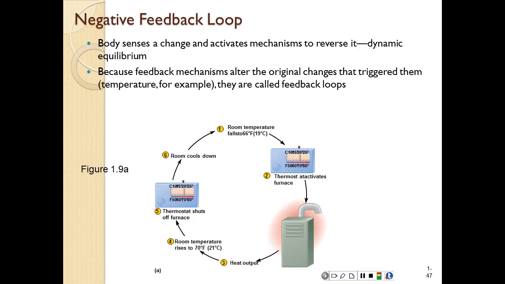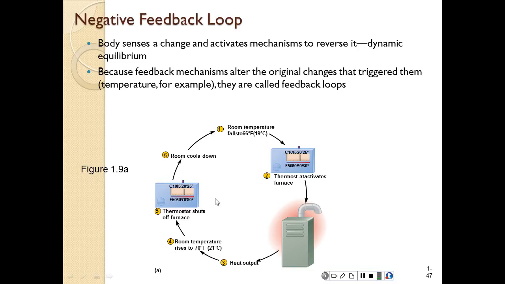So that's where we talk about the furnace is going to turn on when the temperature starts to drop too low, and then it's going to turn off when the temperature rises above that set point. So after it senses that the room is warm enough, or at that particular point it's supposed to be, it will shut off. Okay? Right. So it's going to generate that heat, get the temperature up to where it's supposed to be, then the furnace shuts off.